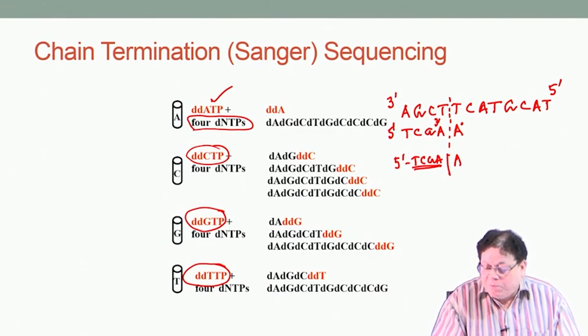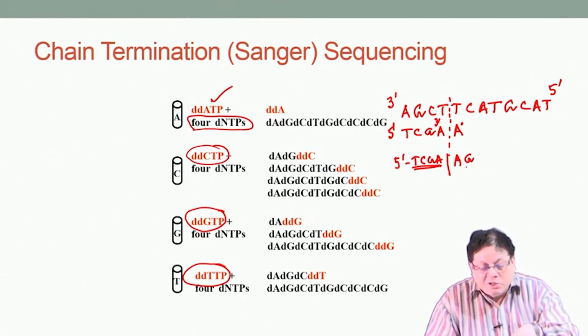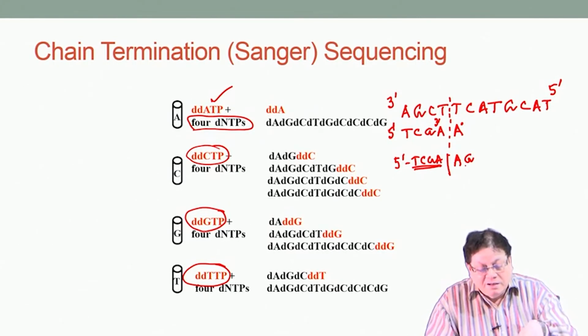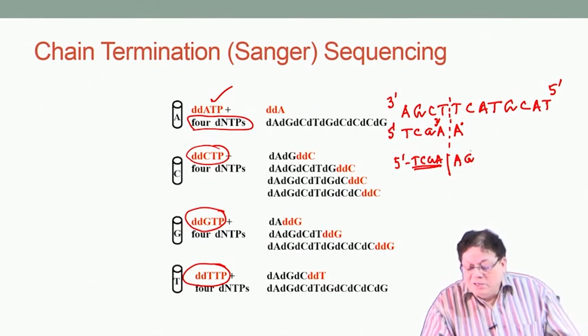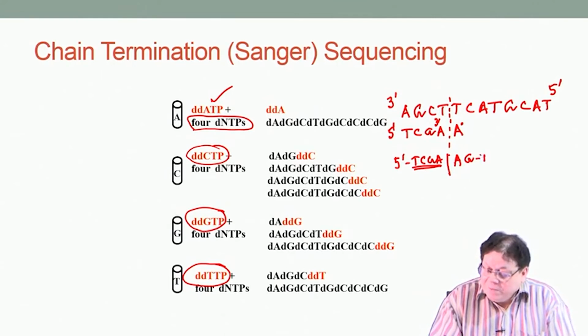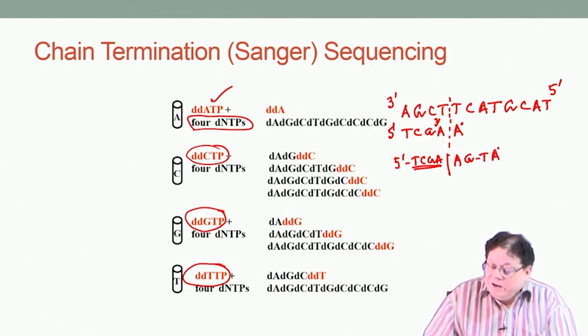So, if the proper A is picked up, that means the deoxy ones, then it will proceed further, G. Now, this test tube does not have any ddGTP. So, G will always be the right one that will be picked up. Then T, that is okay. Then there is another requirement of A, so it may terminate here. Okay.